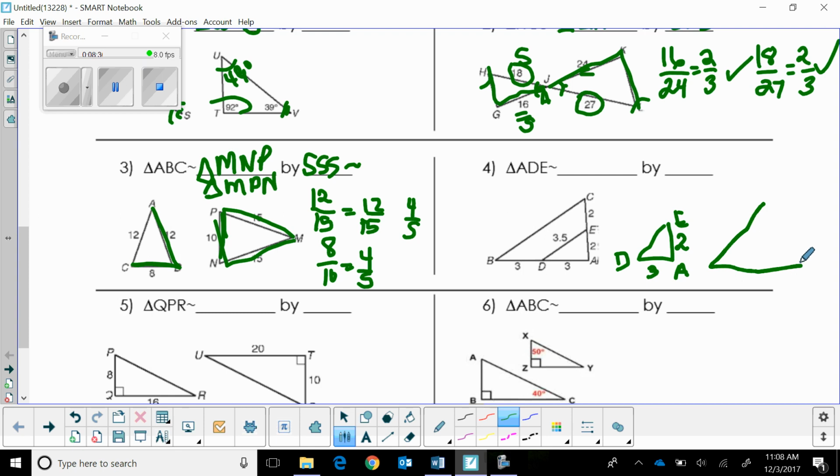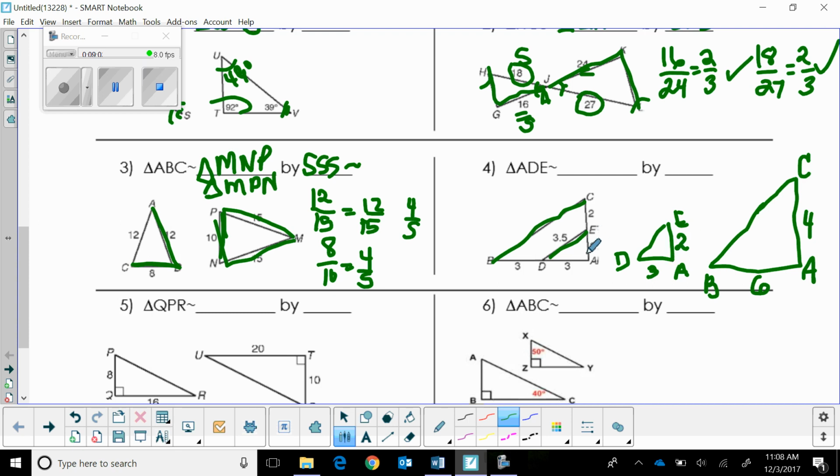Now let's draw the larger triangle. Okay, again, this is A, but this side over here is 4, and this side over here is 6. And we do have a hypotenuse, or what looks like a hypotenuse, the longest side. We don't know BC though. So since we don't know BC, we can't compare those sides, and we can't use side, side, side.